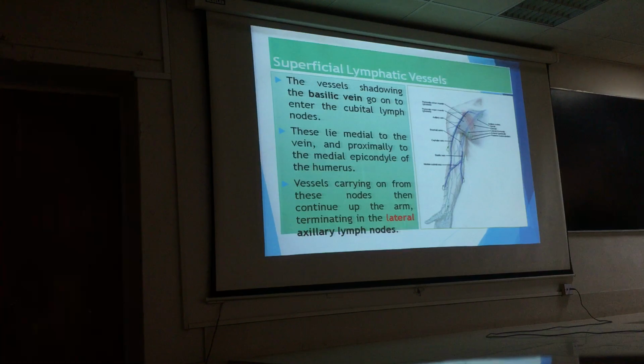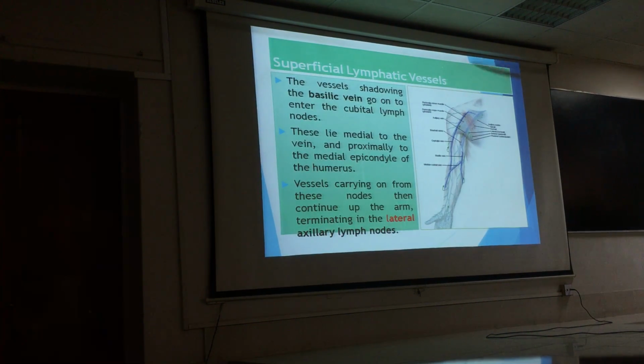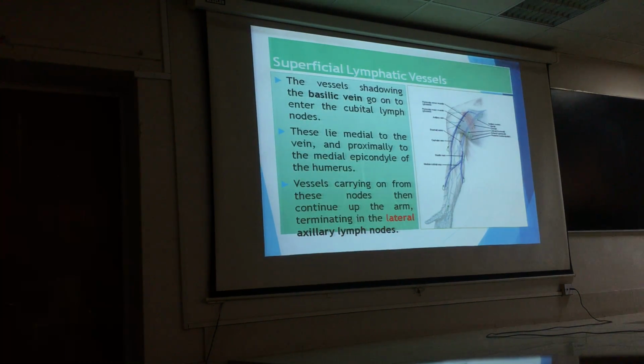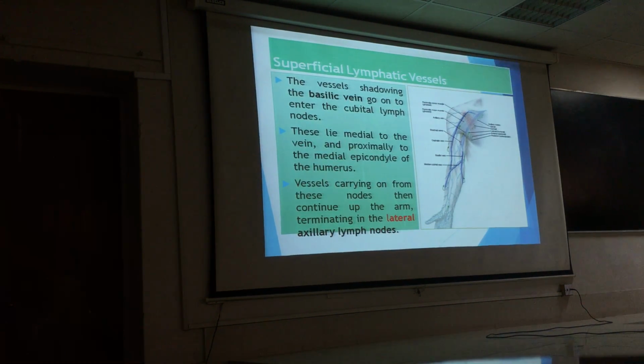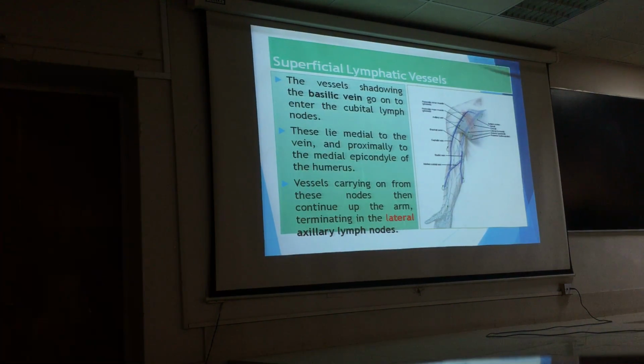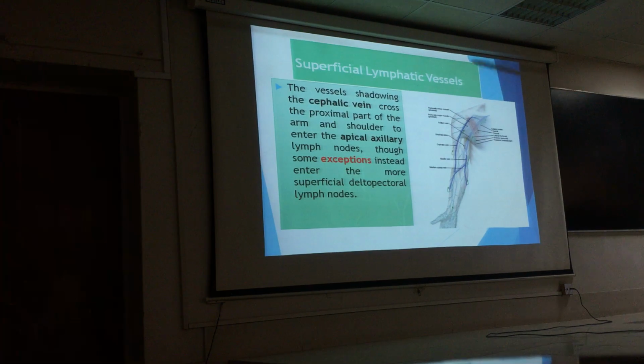So ultimately, they will be draining into the lateral or the humeral group of the axillary lymph nodes. So the lymphatics from the basilic side ultimately drain into the lateral or the humeral group of lymph nodes. Is it clear?